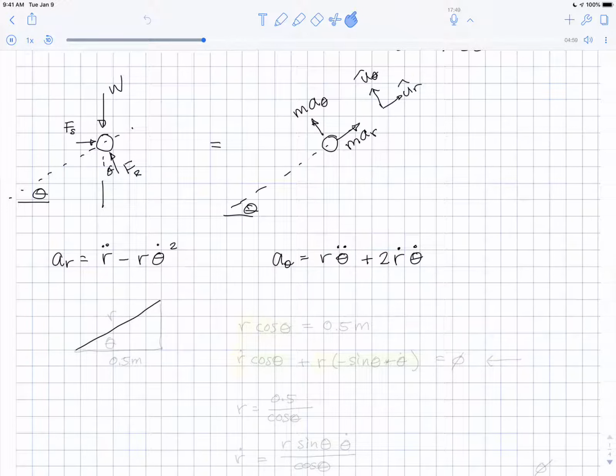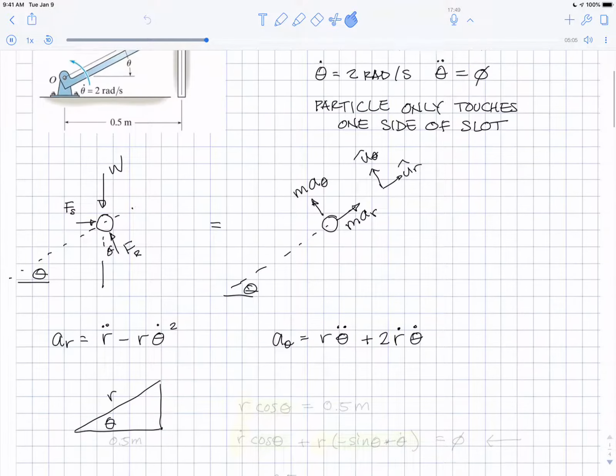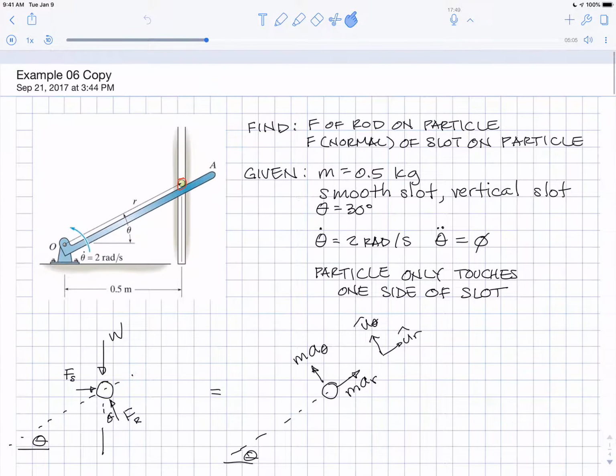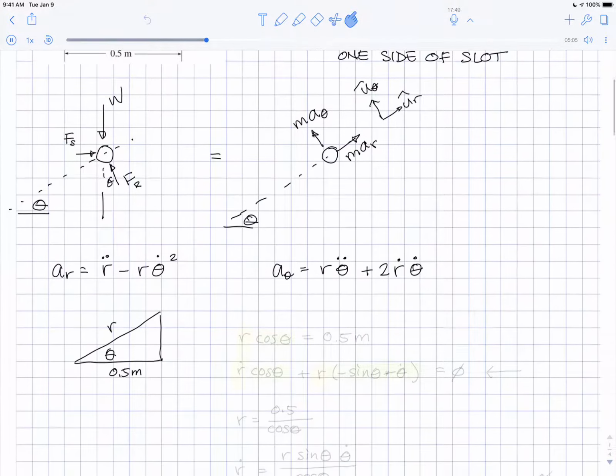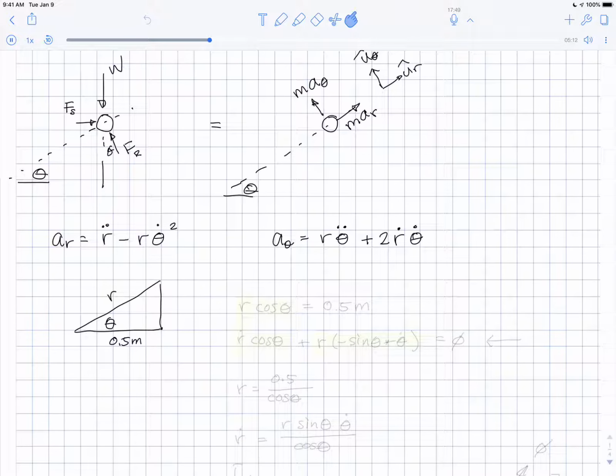So here we go. There's the triangle we need to know. There's the radius. There's theta. And we are fortunately given that that's 0.5 meters. And we can relate r to theta. We know that r cosine theta equals 0.5 meters.